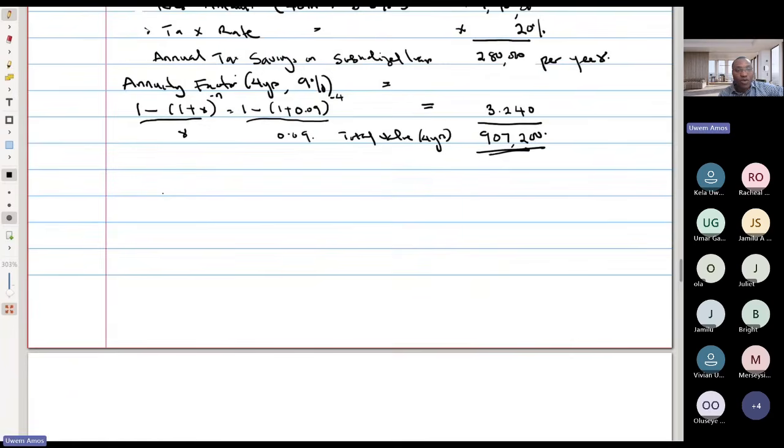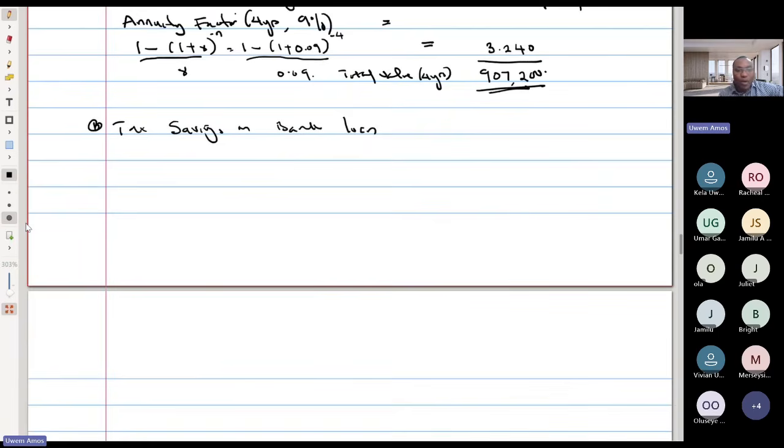So let's go to our B part, which is tax savings on bank loan. The first thing we need to establish is the annual repayment, because it says that there are annual equal repayments. So our annual equal repayment would be equal to the loan amount divided by the annuity factor.